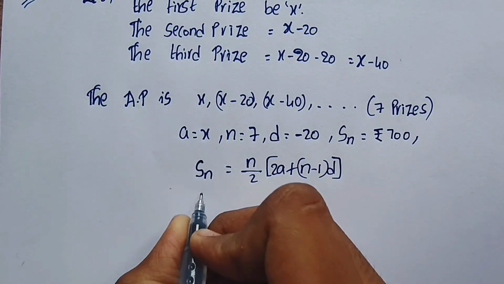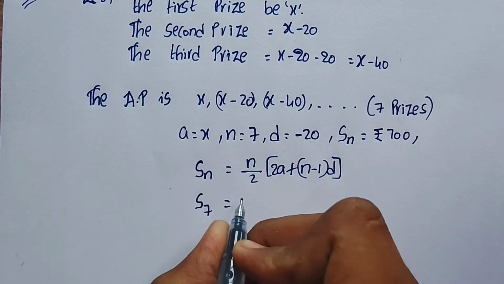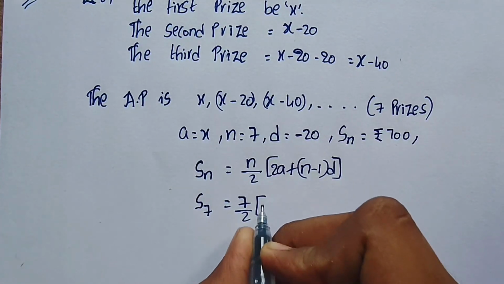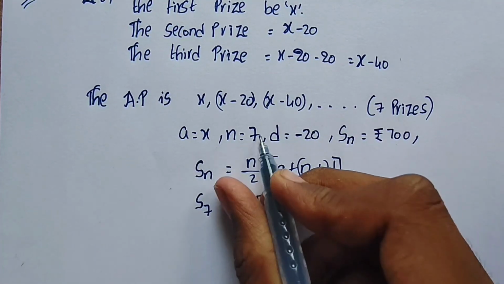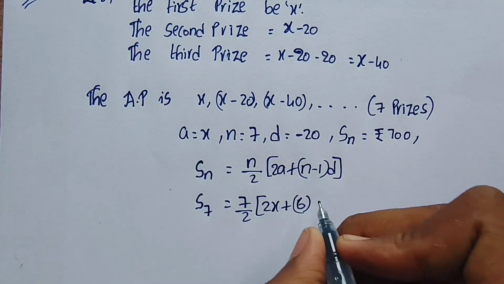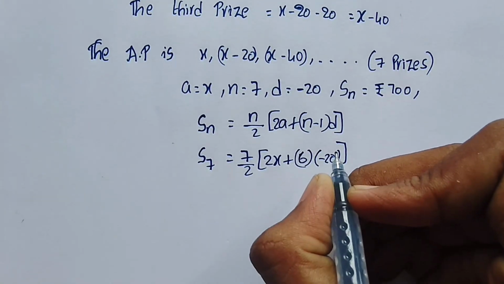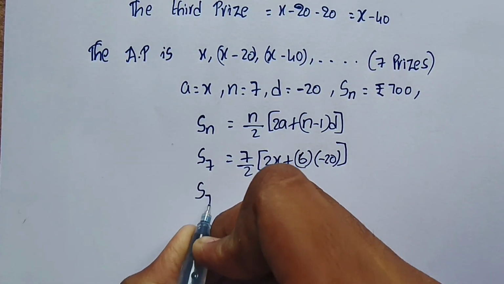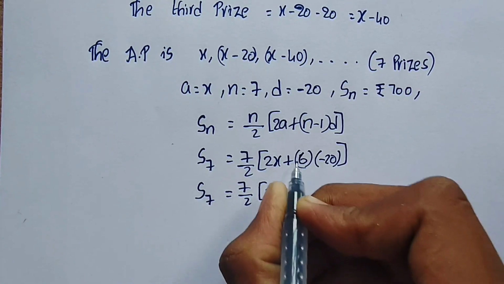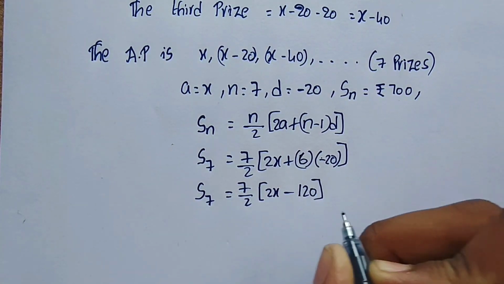So S_7 is equal to 7 by 2 into 2x plus 7 minus 1, that is 6, into the value of d, which is minus 20. So the sum of 7 prizes is equal to 7 by 2 into 2x minus 120.